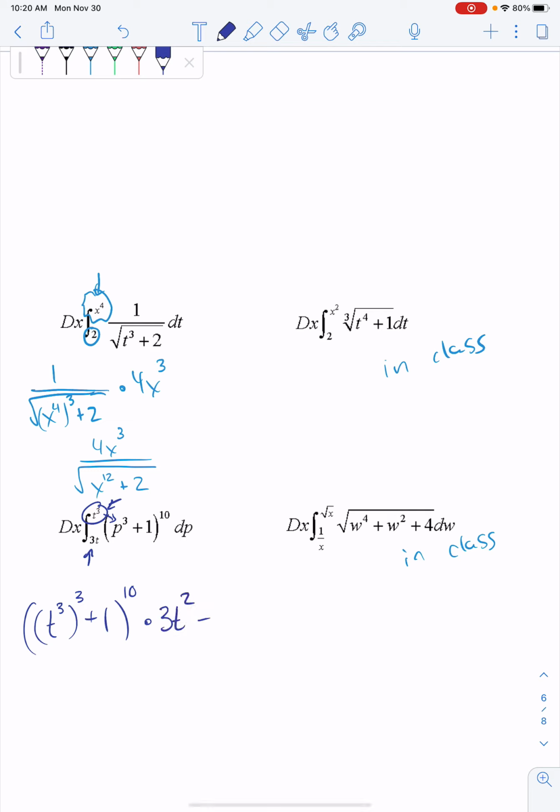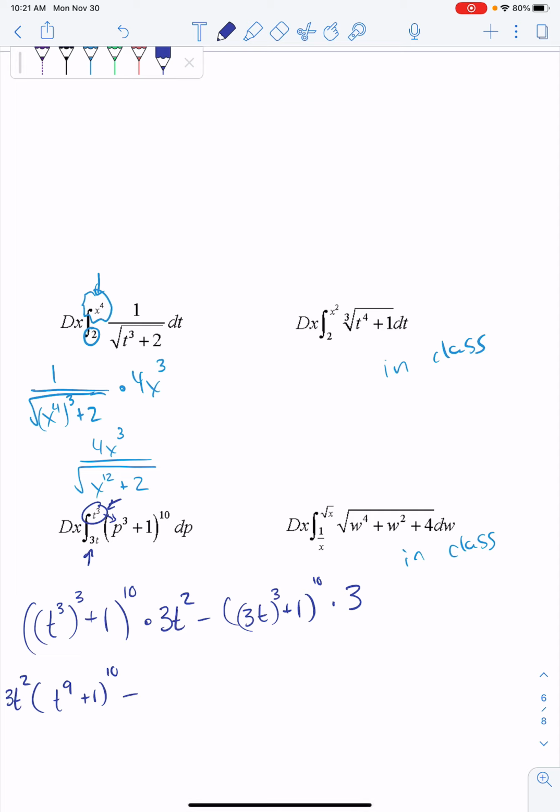And then I'm going to minus the derivative, or the bottom I'm going to plug in. So 3t cubed plus 1 to the 10th multiplied by 3. So if I clean this up a little bit, I get t to the 9th plus 1 to the 10th power. That 3t squared I'm going to go ahead and put in front.